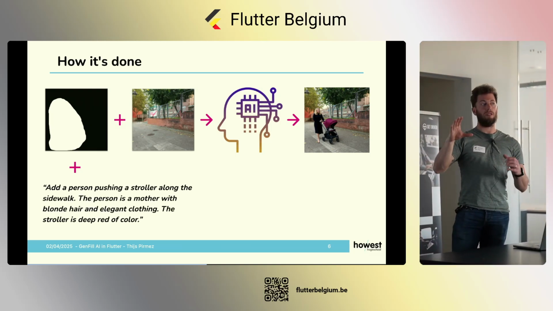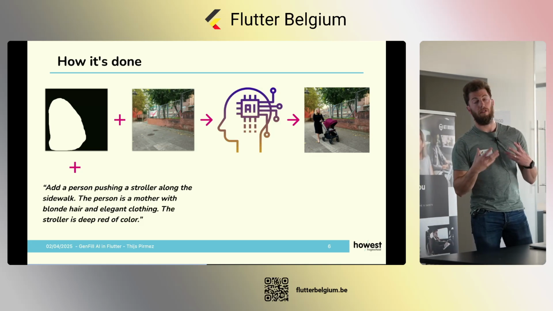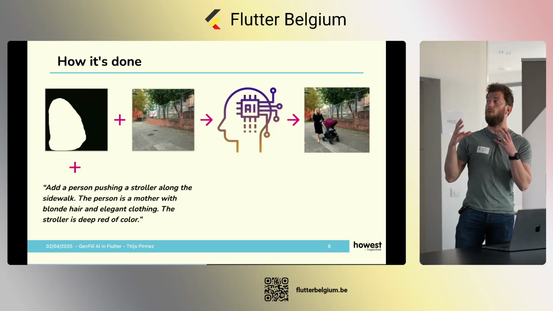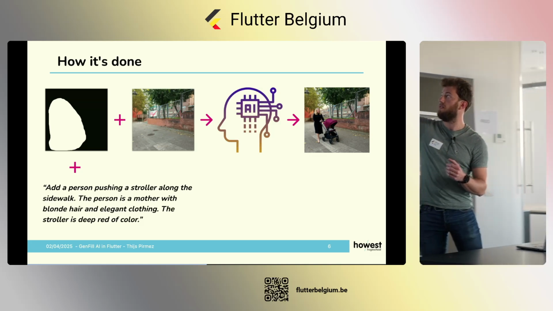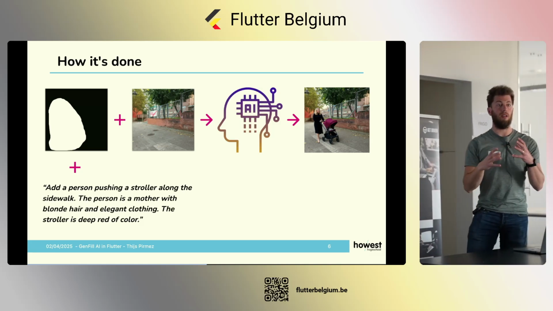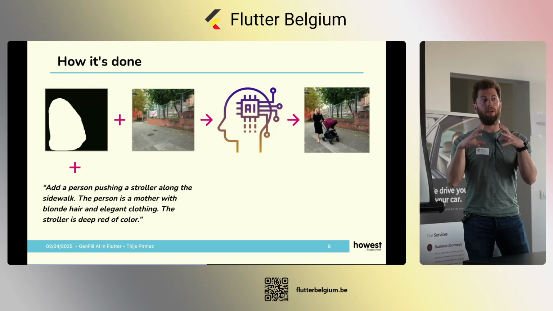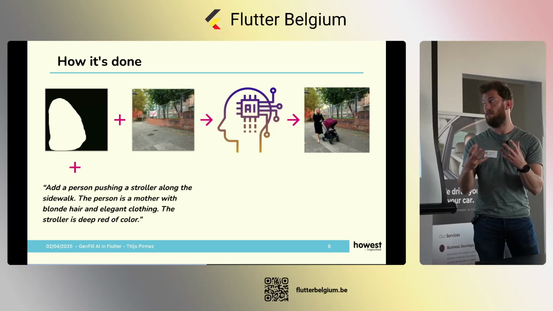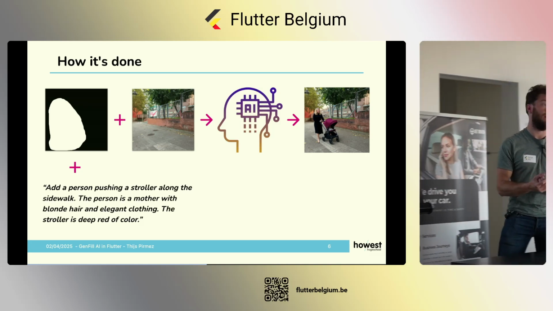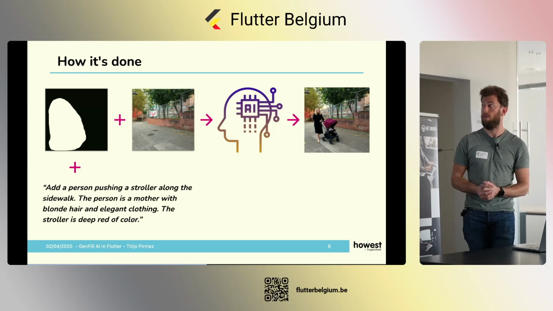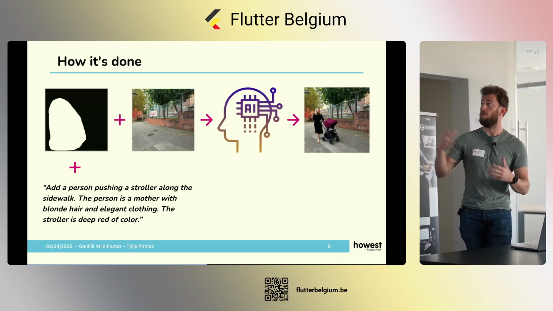That mask gives information to the model about where you want the object to appear. So it can learn the context of the image in that white area, and then it can place your requested sticker or whatever you want to add.